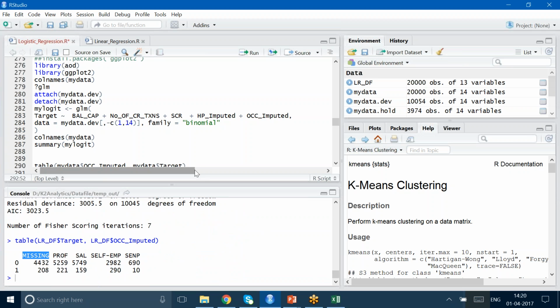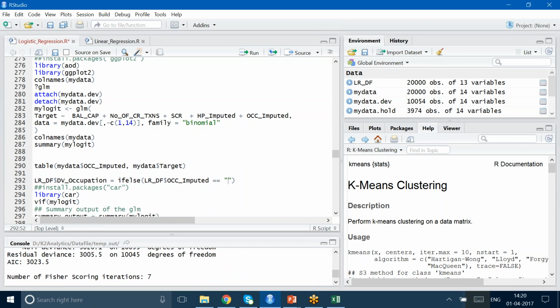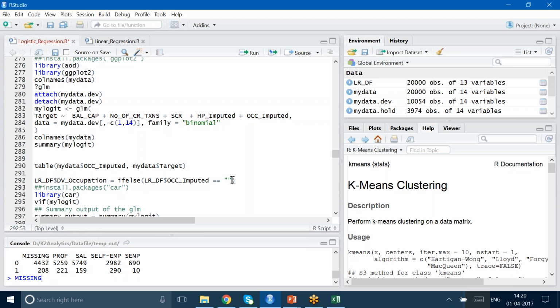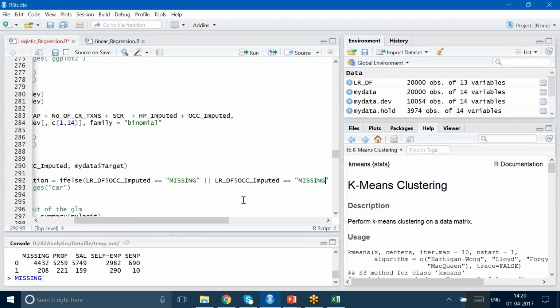It's capital, so let me put it to missing, or this category which was matching, which is prof. If either of these is matching, then I'll create a new category.